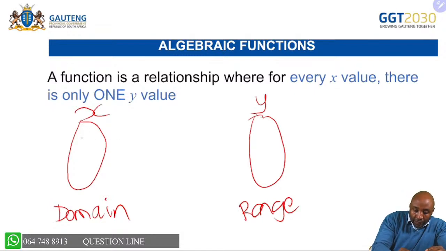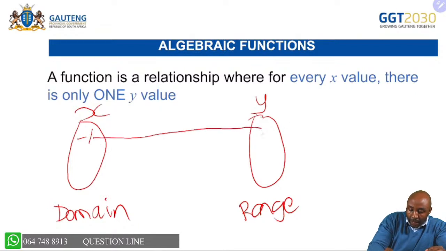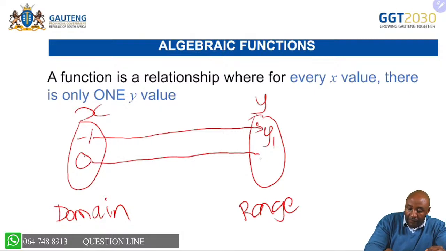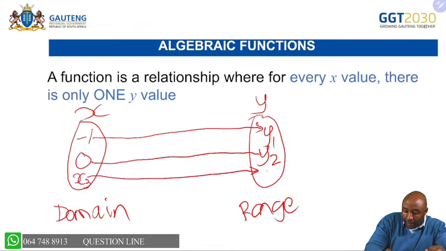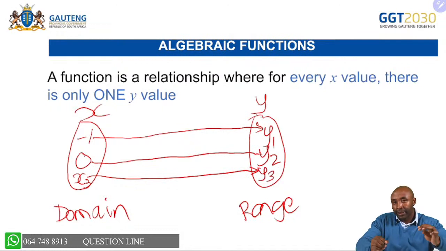So if I have a -1 here, it might map to only one y value here, which I'll call y1. If I have a 0 here, it will map to one y value, which I will call y2. And then if I have an x3 here, it must map to a single y value that I'll call y3.